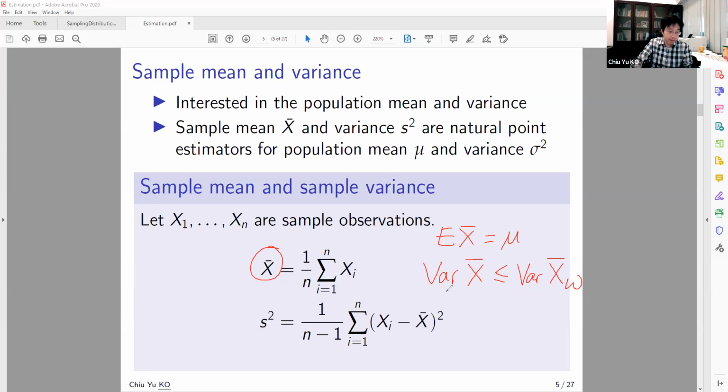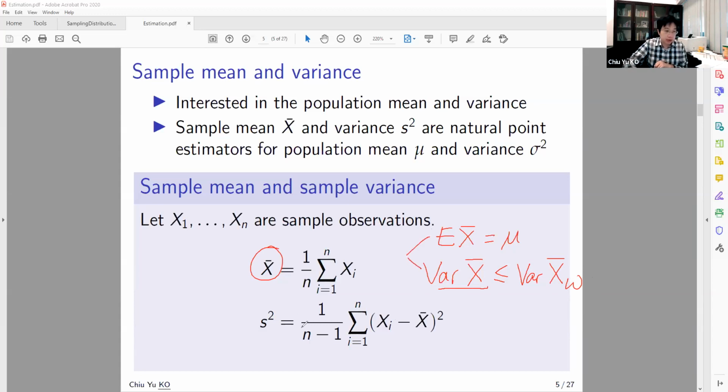So that means that if you want to guess the population mean, the sample mean is better than any weighted average. So that's why this is something we often use. We use the simple mean because it is the best.